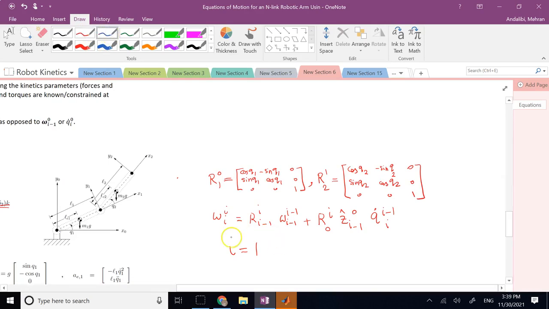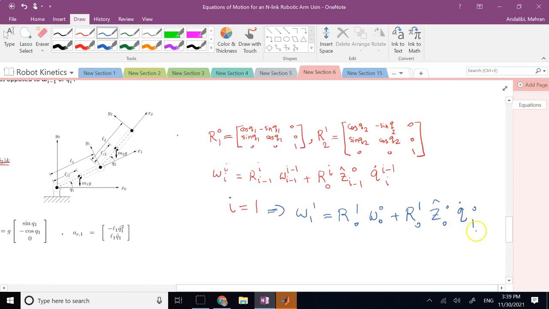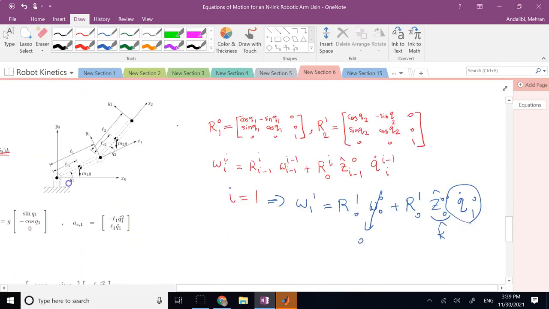So when I do that, I will get omega of 1 in 1 is equal to R of 0 with respect to 1 times omega 0, plus R of 0 with respect to 1 times z of 0, which is 0, 0, 1, times q dot of 1. So this is, of course, q1 dot. This is your k. And R of 0 with respect to 1 is the same as 1 with respect to 0, just the transpose of it.